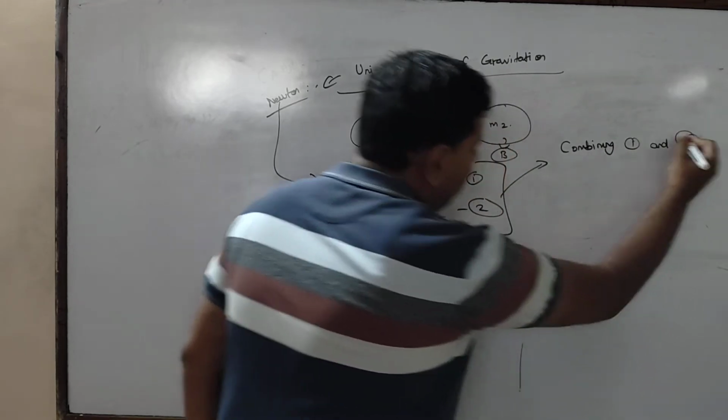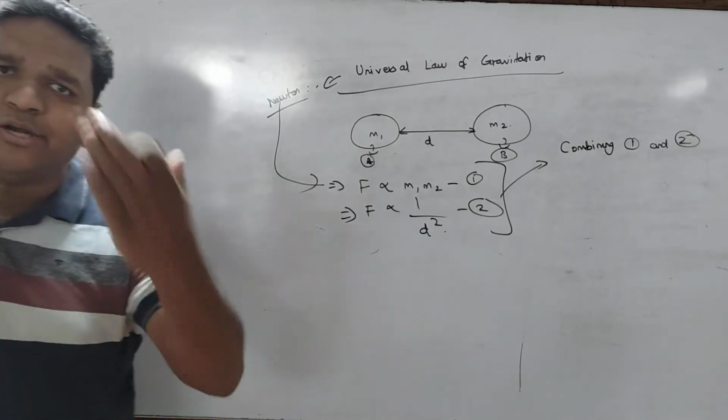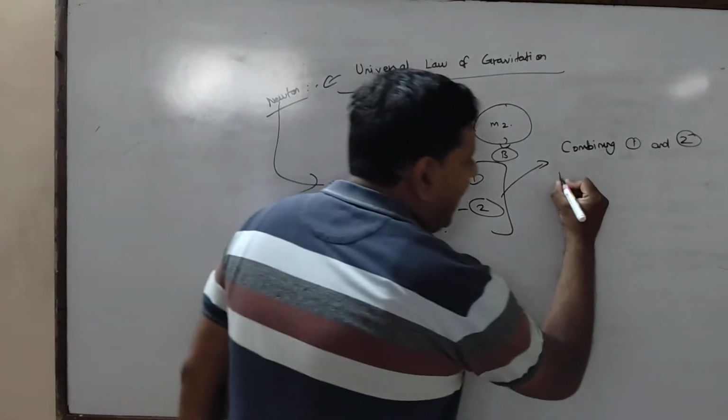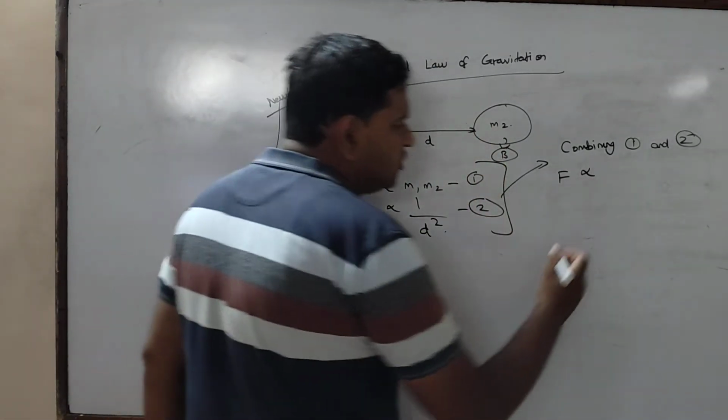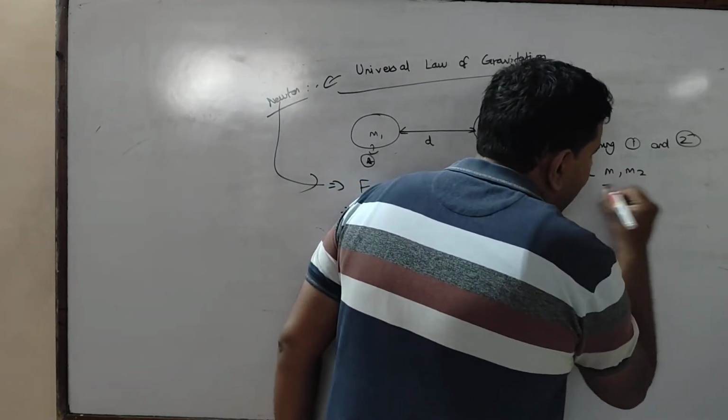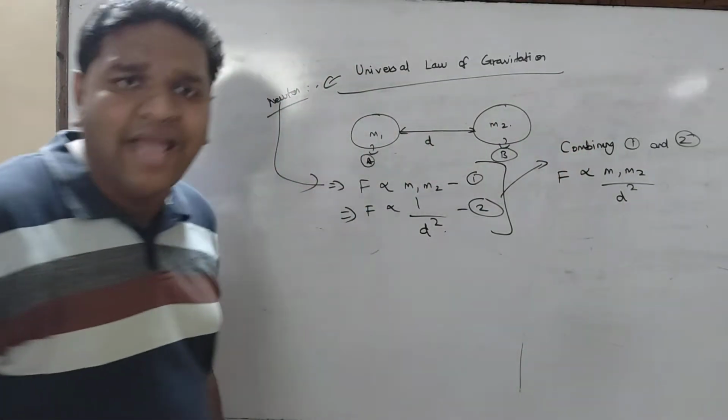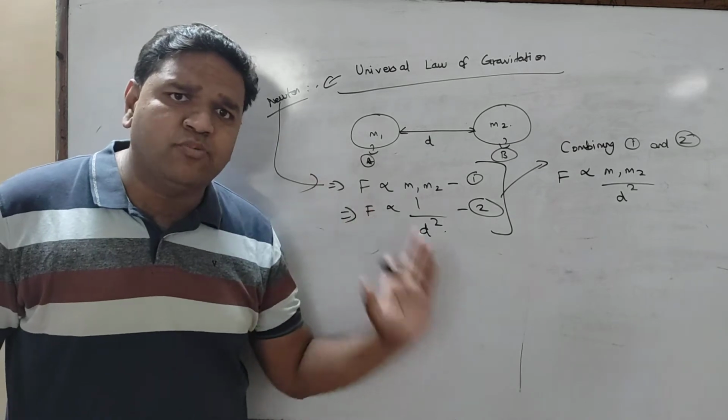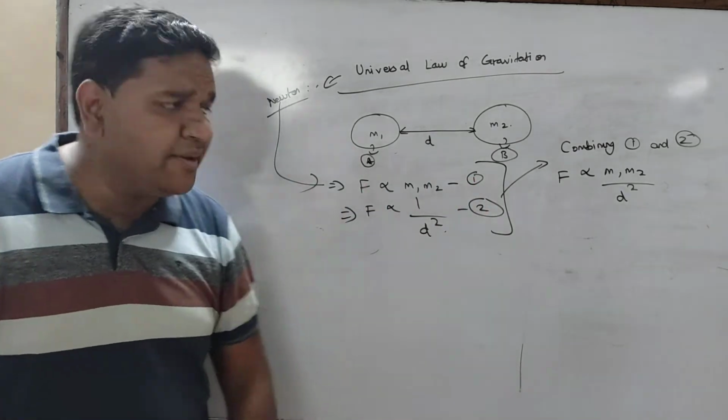If I combine statements 1 and 2, I get F is directly proportional to M1 M2 upon D square.